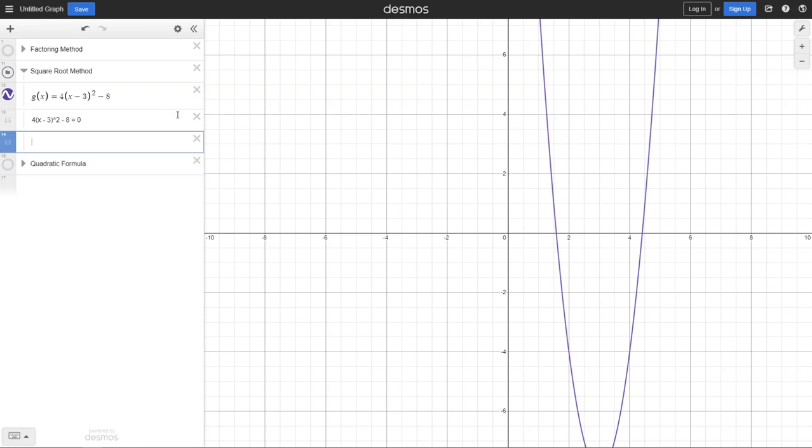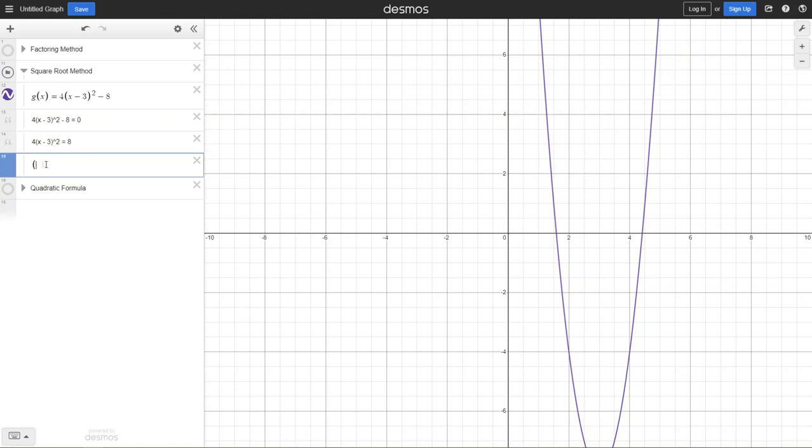So I'm still going to use a note right here during my solving steps. So I have 4 times (x minus 3) squared, add the 8 over, so equals positive 8. And then I have to isolate the square before I can take the square root of both sides. That is going to mean I need to divide off this 4.